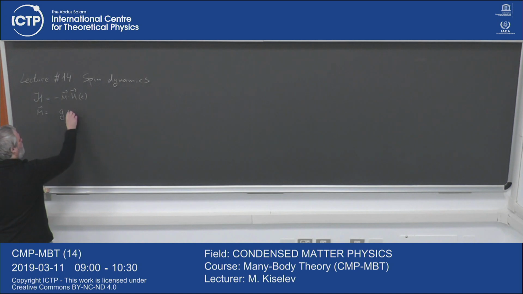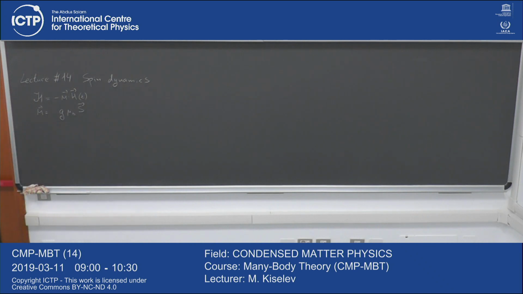So I will write mu bar S, assuming that g is the g factor, or lambda factor, which is equal to 2 for the situation when the orbital momentum L is equal to 0. Okay.